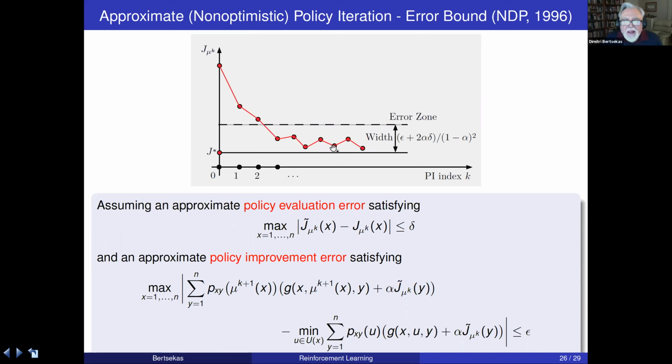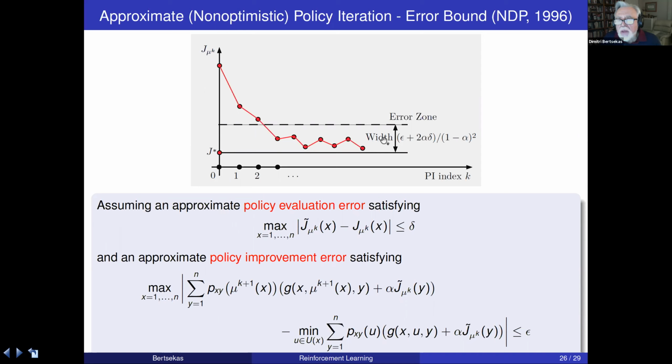On the other hand, this is for a single state, and this policy may be worse for one state, but it may be better for other states. So it's not very easy to select a policy out of this sequence that's generated to use as your final policy. You have to do quite a bit of experimentation afterwards. So that's one point to keep in mind.